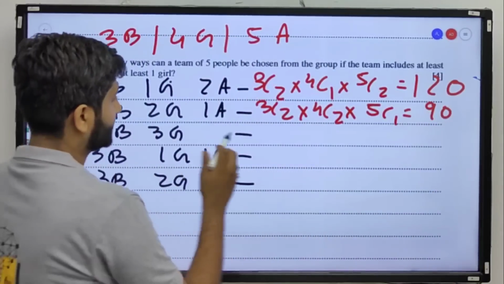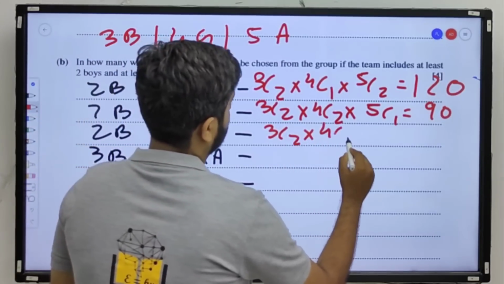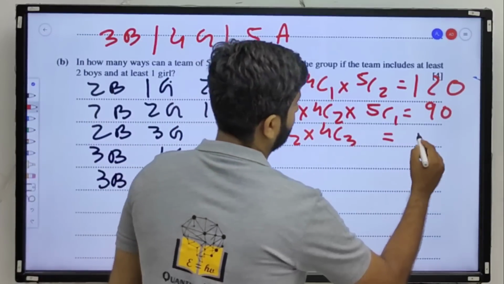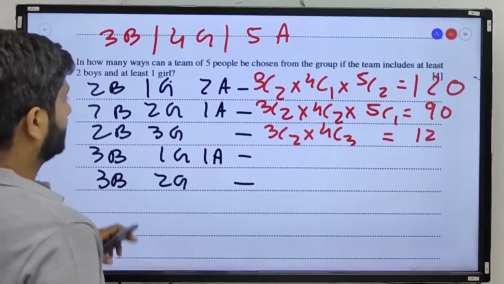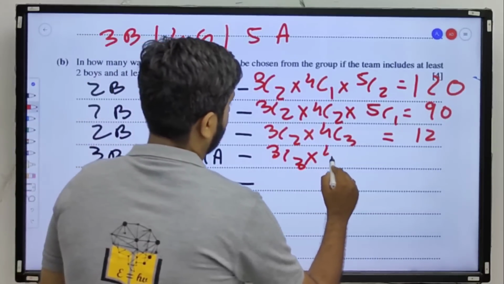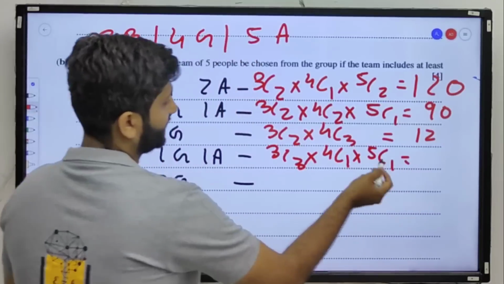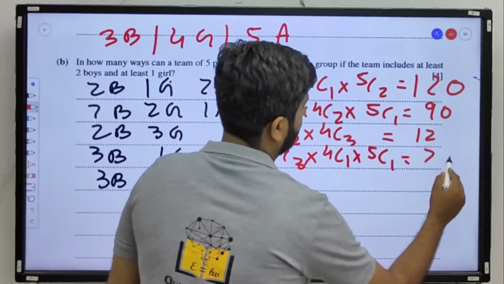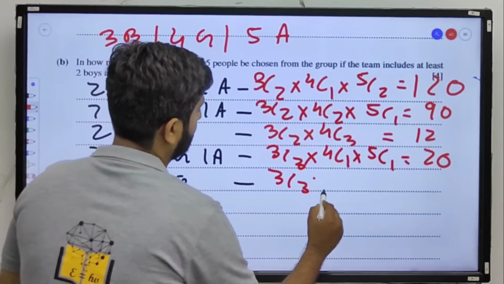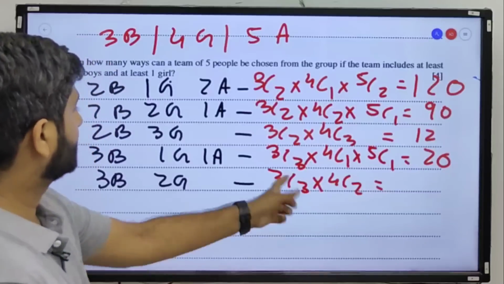Then 3C2 into 4C3, which is 4 times 3, so 12. Here we have 3C3 into 4C1 into 5C1. 5C1 is 5, 4C1 is 4, 5 fours are 20. And for 3 boys, 3C3 into 4C2. 4C2 is 6, and this is 1.